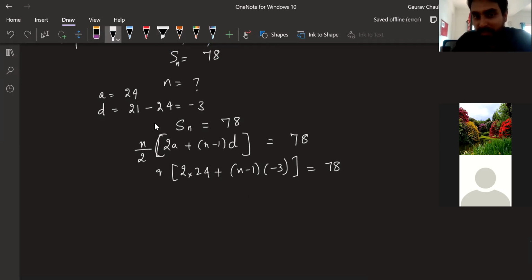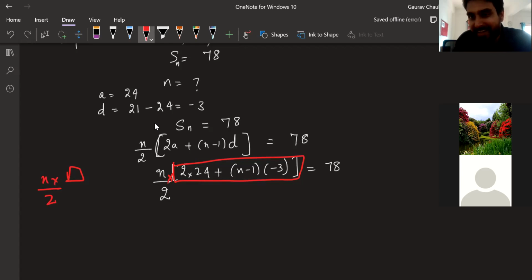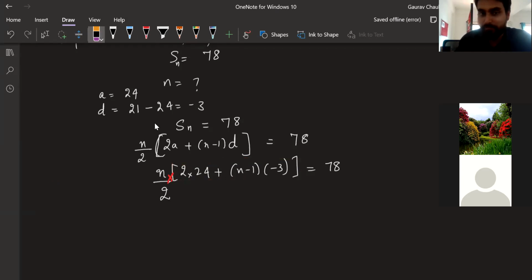So n into this whole bracket by 2 means 2 is dividing everything on the left hand side. I can take 2 to the other side to simplify my work. So n into the bracket is equal to 78 into 2 on the right hand side.